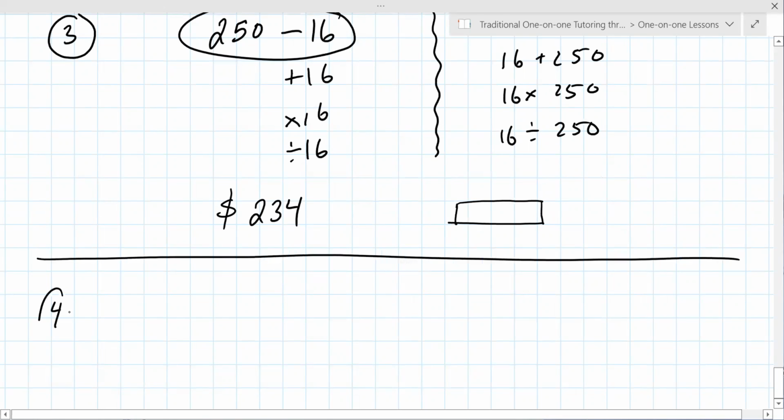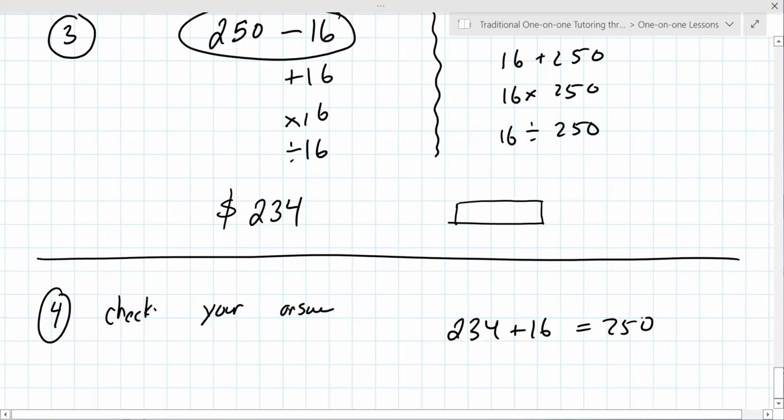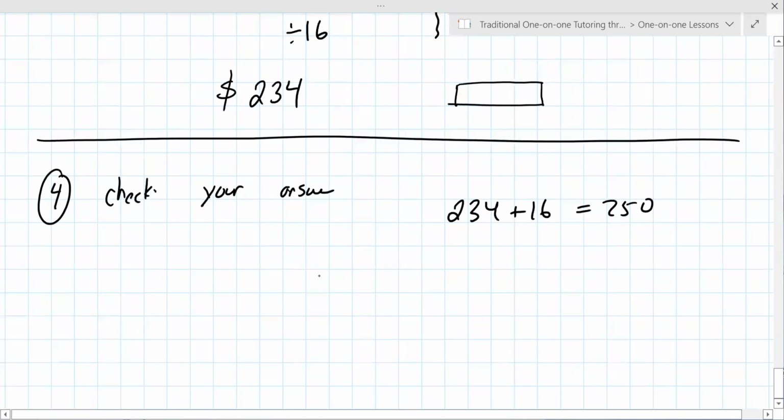Step 4 is to check your answer. Would it be 234 plus 16? Yes, very good. The inverse of subtraction with addition. Yes, and the instructor asked this question: does it make sense? You probably didn't buy your plane tickets.